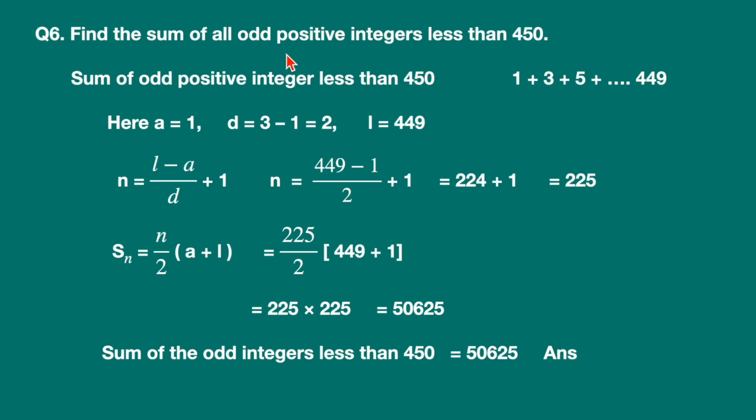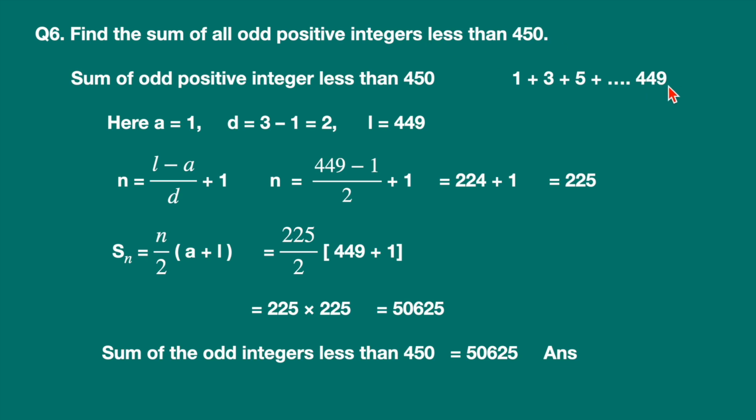Find the sum of all odd positive integers less than 450. So what are those integers? Let's write down. They are given that the sum of odd positive integers less than 450. So the first integer is 1, plus the next odd integer, which will be 3. 1 plus 3 plus 5 plus 7 and so on till 449, which is less than 450.